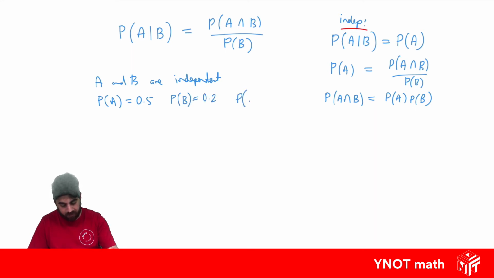Find the probability of A intersection B. We can just use our formula for two probabilities that are independent from each other. So we get the probability of A intersection B just being the probability of A multiplied by the probability of B to give us 0.1 for our probability.